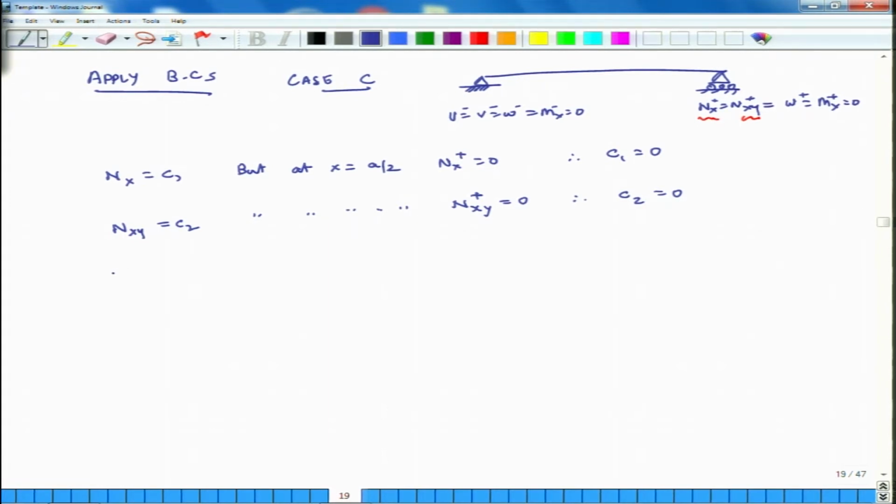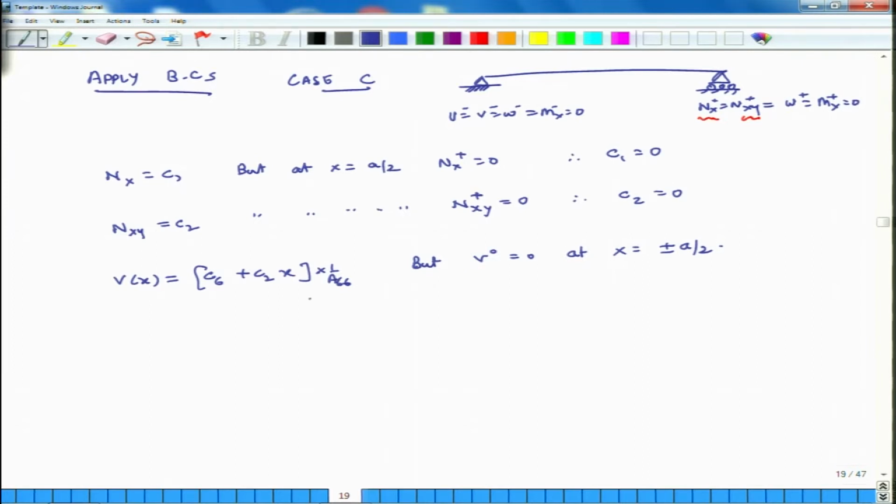The third is we will see what is V. So, Vx is equal to C6 plus C2x times 1 over A66. Okay. But we know that V naught is equal to 0 at x is equal to plus minus a over 2.